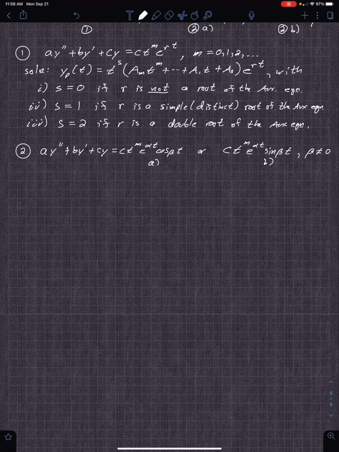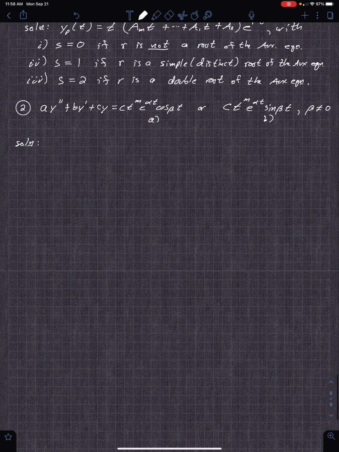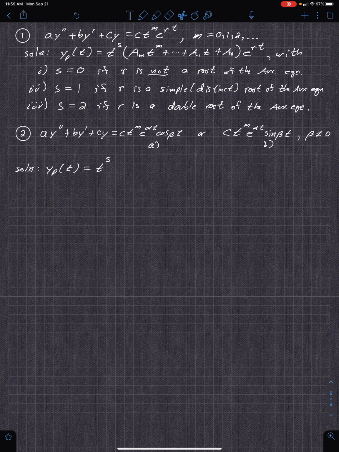The solution for that case looks like this. The particular solution y_p of t is equal to t to the s, just like before, and then all the rest is the same. I'll just copy it.